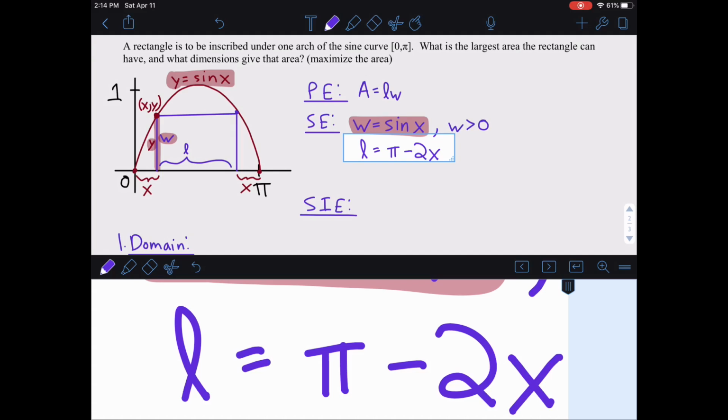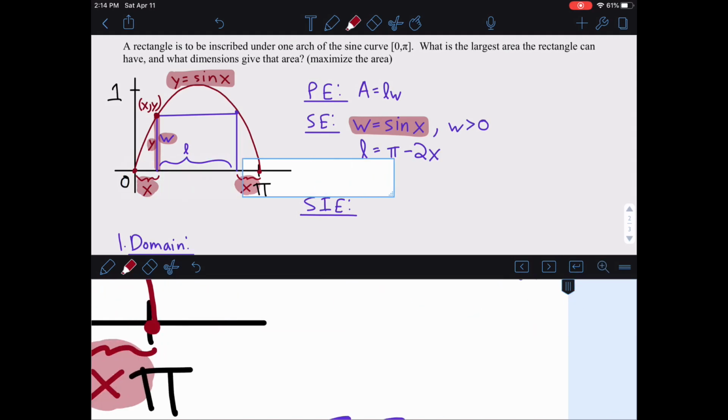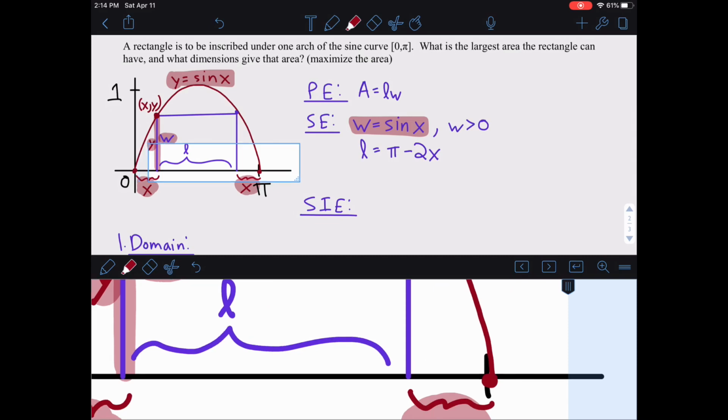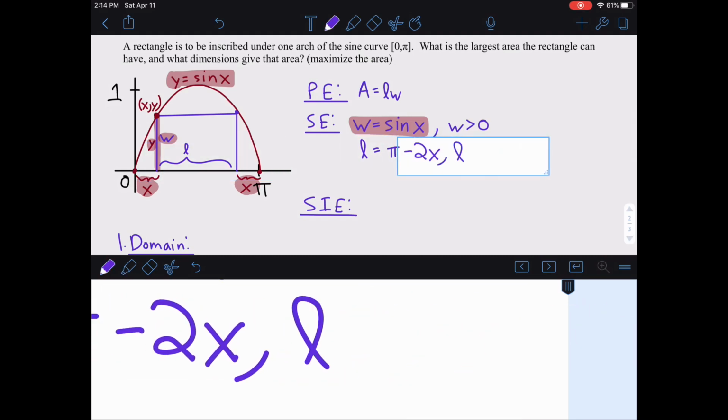So the length is going to be pi, so again, 0 to pi units long. Take out an x on each side, right? This x comes out, this x comes out, pi minus 2x, and that's how you're left with just the length of the rectangle in the middle, right? And now I also know that the length has to be greater than 0.